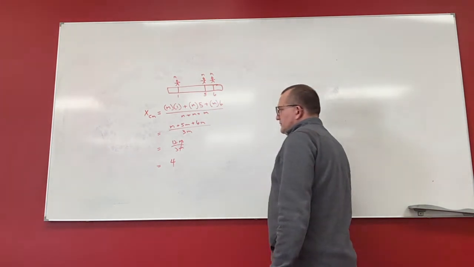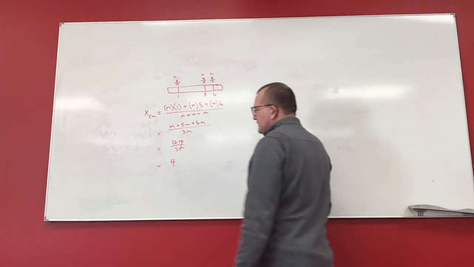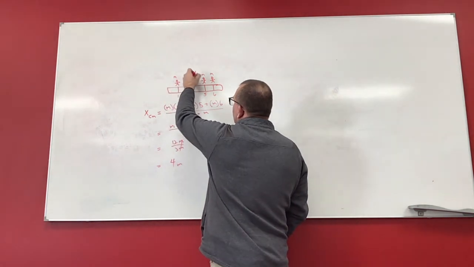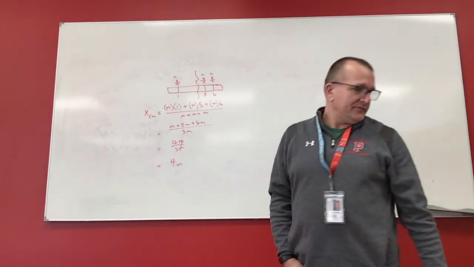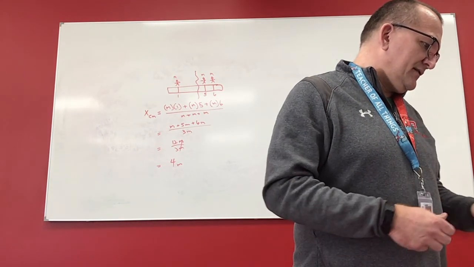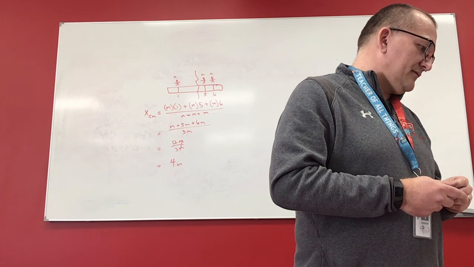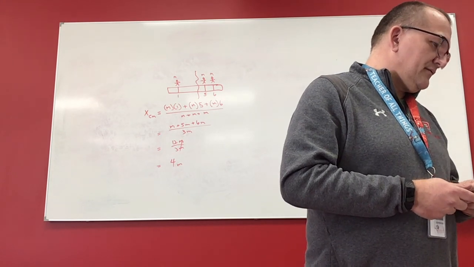And so masses cancel. So I'm going to be stuck with the center of mass at 4 meters. So approximately right here would be my center of mass. I think that's all we gotta do.